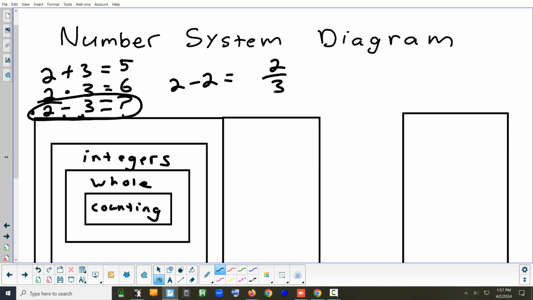Somebody who was just learning about division would say that's not possible. They may liken it to saying, if I had 2 objects, I need to split them among 3 people. You can't do that. If you have 2 things, you can't give them out to 3 people. But we know you can do that if you start breaking things into fractions.